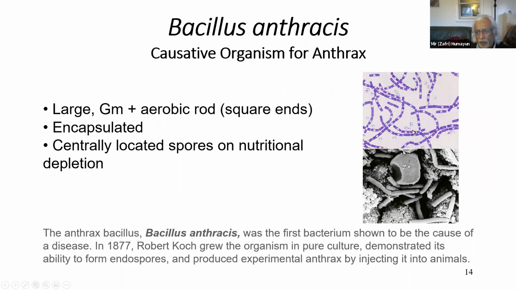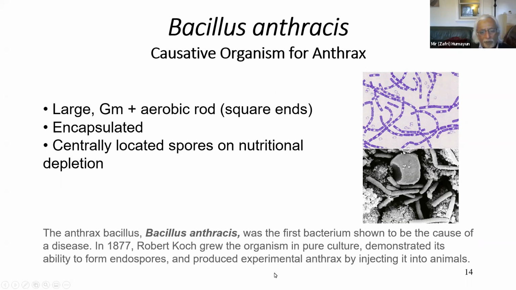You see in the micrograph, the ends are square. These are encapsulated. Encapsulation in general means they cannot be phagocytosed easily by the host immune cell. They have a centrally located spore, which becomes evident upon nutritional depletion. Spores that are in the center of the microbial cell.